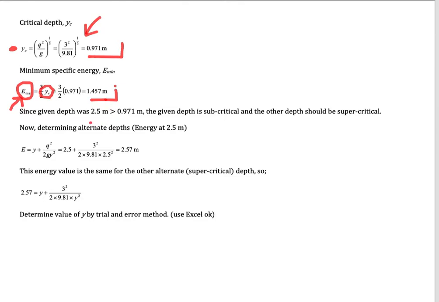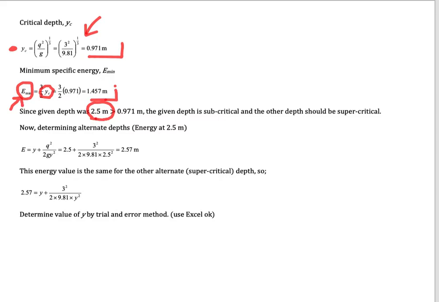So let's say we found one point at 2.5 meter here, and we need to calculate its alternate depth. First, we need to compare the point given in the question, 2.5 meter, to see whether it is larger or lesser than the critical point.